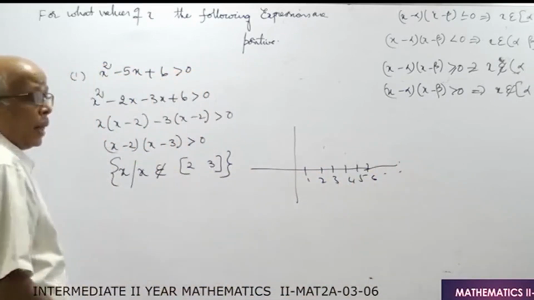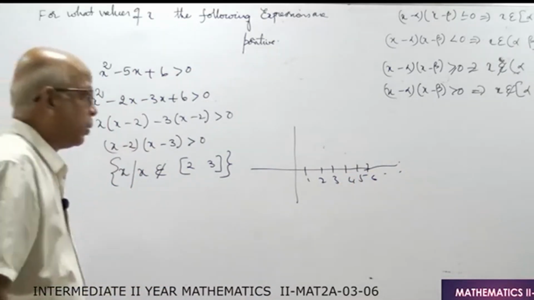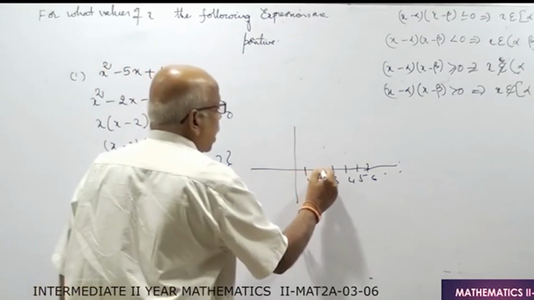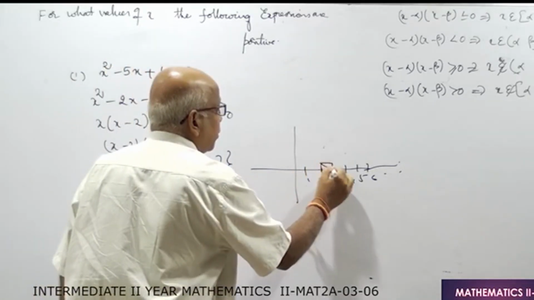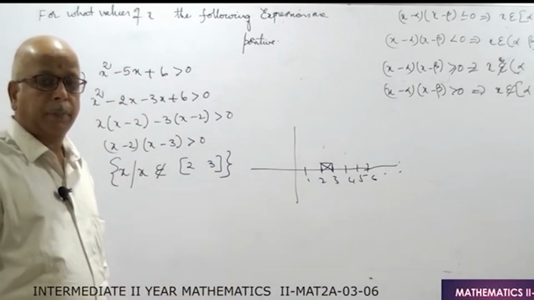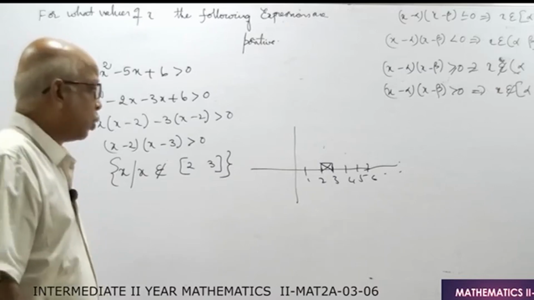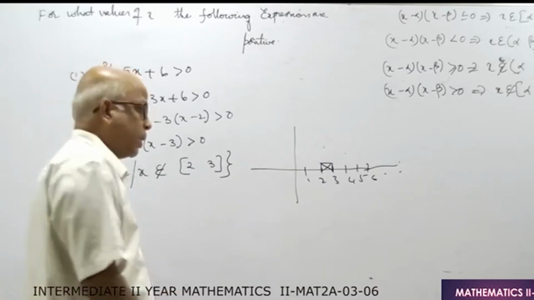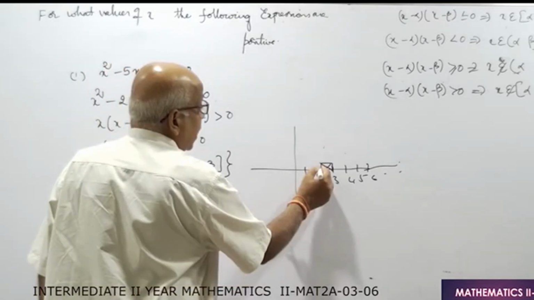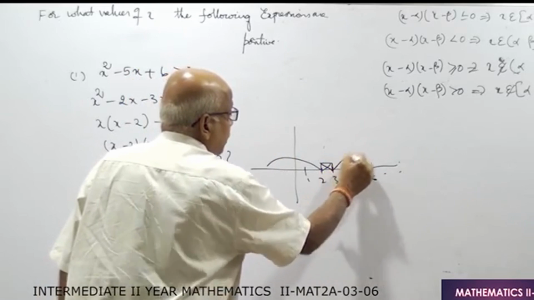According to this, x is a real number which will never take values from 2 up to 3. In this area it will never take. So what can it take? It can take values below 2 and above 3.